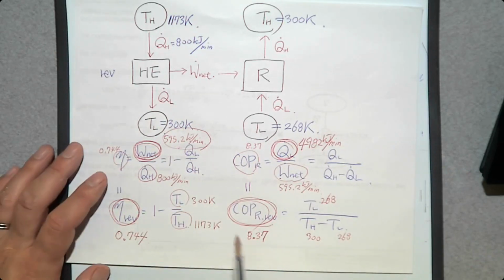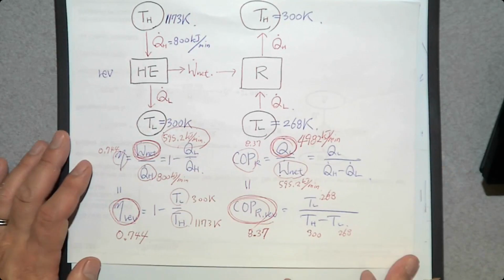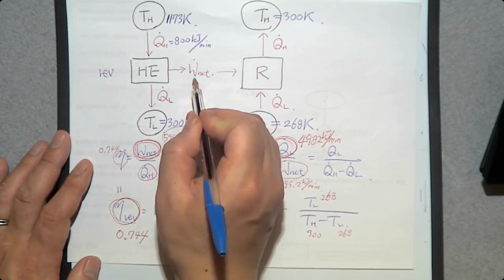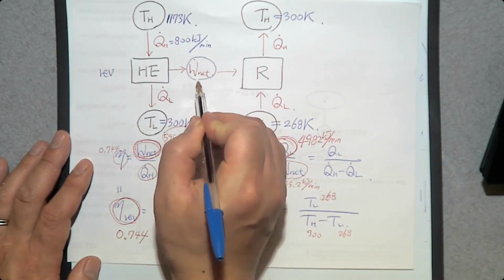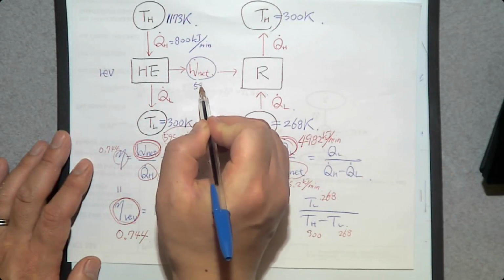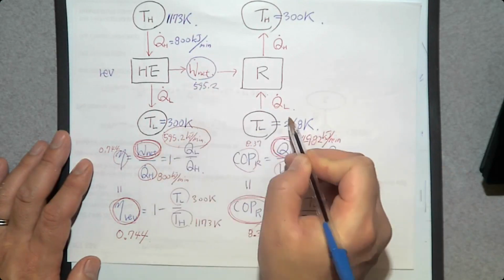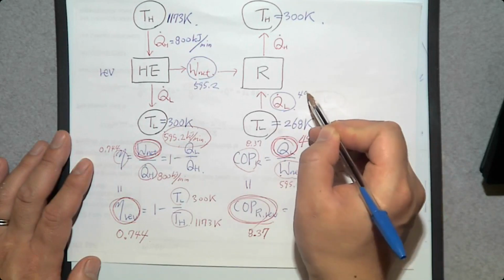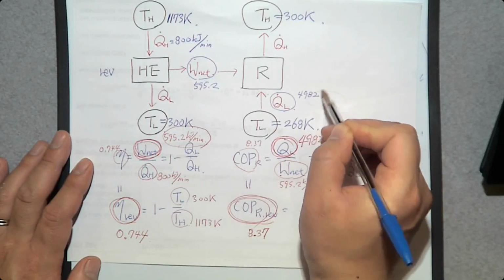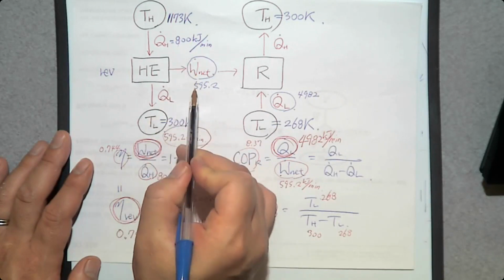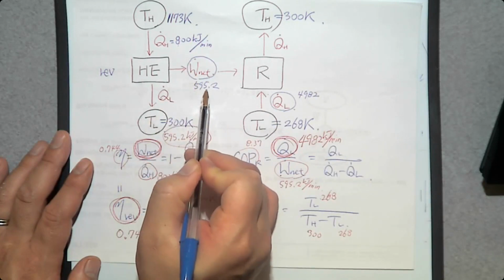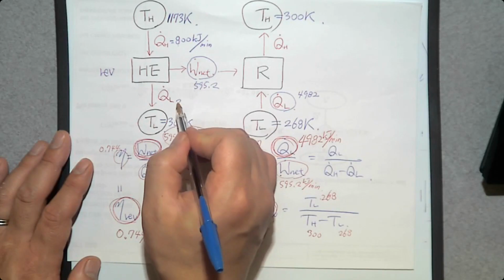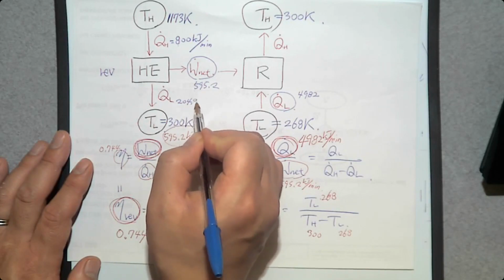So this Q dot L is going to be 4,982, and 800 minus 595.2 is going to be 204.8.